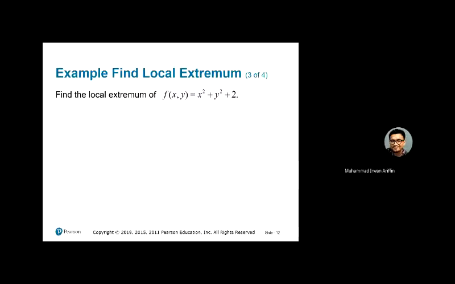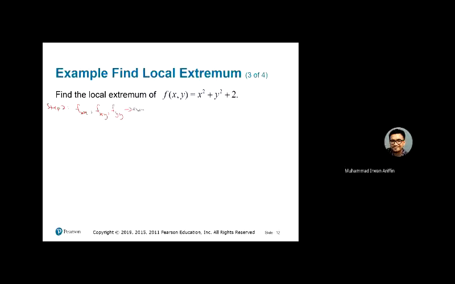Step number 2, we need to find the second order partial derivatives: f sub xx, f sub xy, and f sub yy.